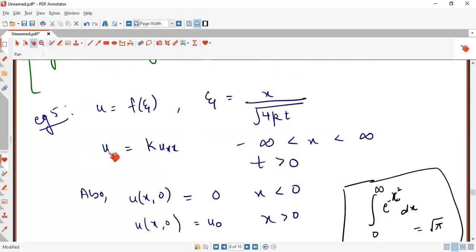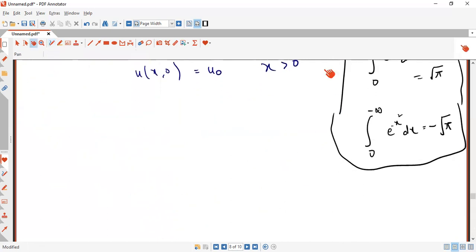You need ut, required to substitute the value in this given equation. And u is a function of xi, right? Let's find ux first. And xi is a function of x and t. Sorry, u is a function of xi only over here. It is given to you, u is f of xi.